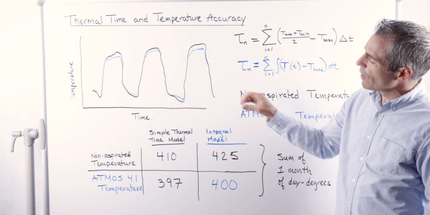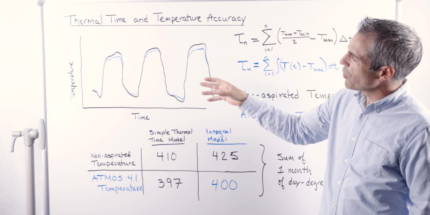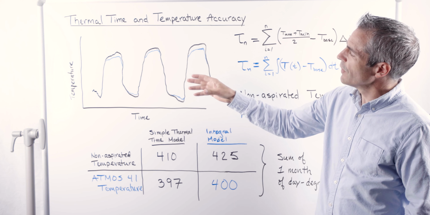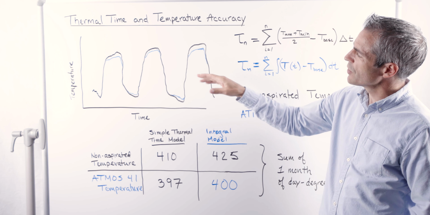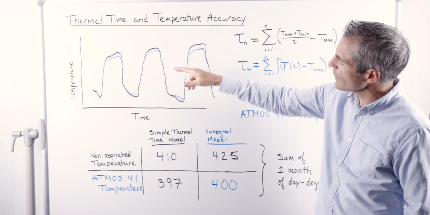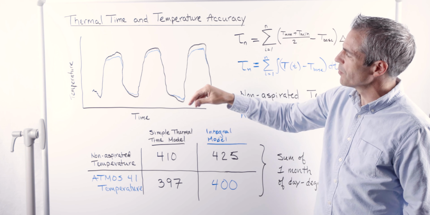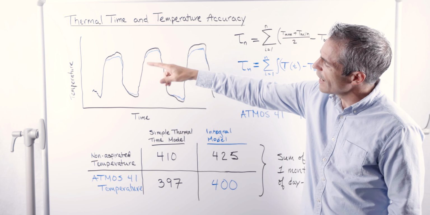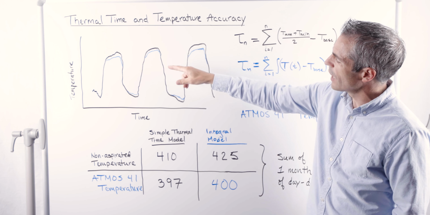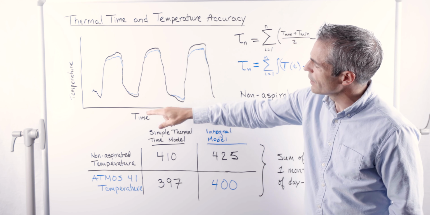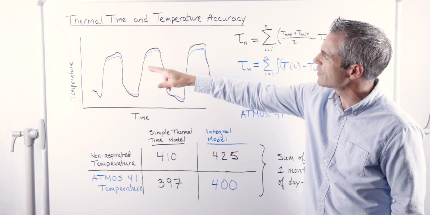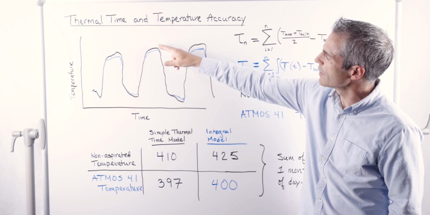So I just drew up here a graph showing how in the field the non-aspirated temperature sensor here in black compared to the Atmos 41 air temperature measurement. And not surprising, during high thermal load, high solar load time during the day, so this is time on the x-axis and temperature on the y-axis, we do see a difference during that time.